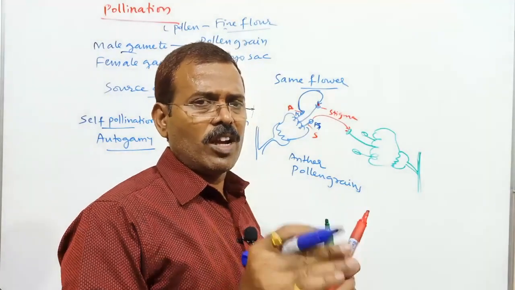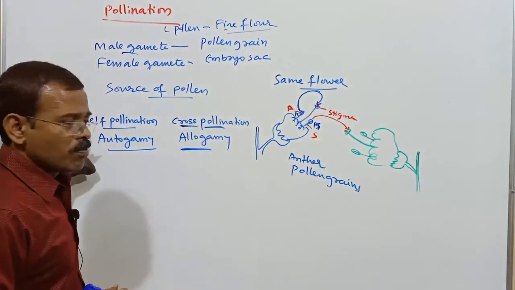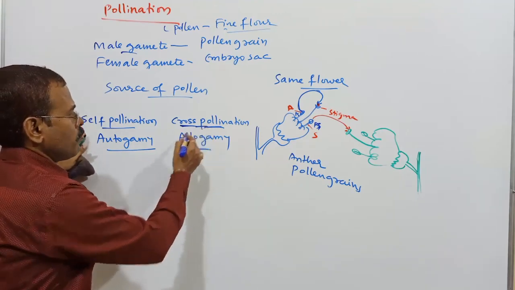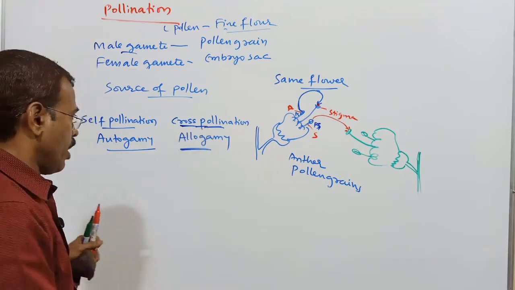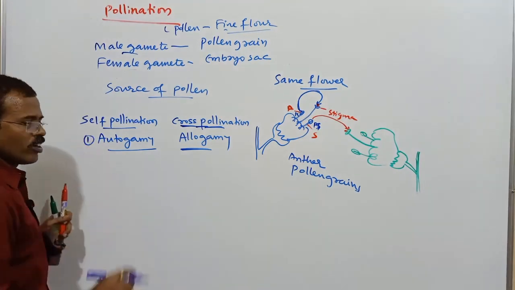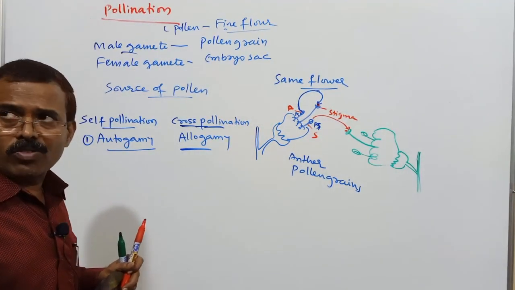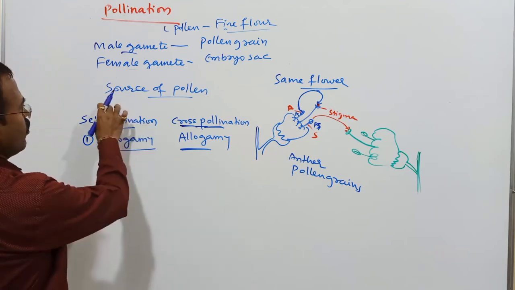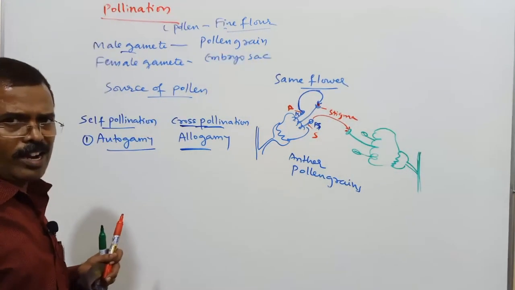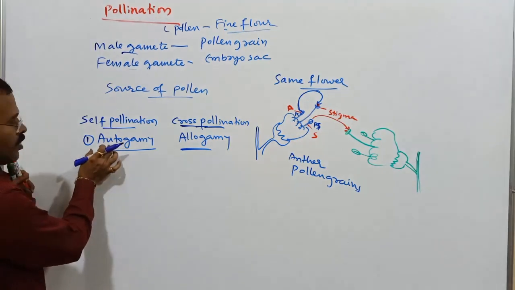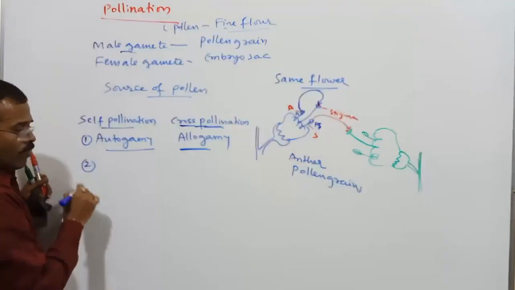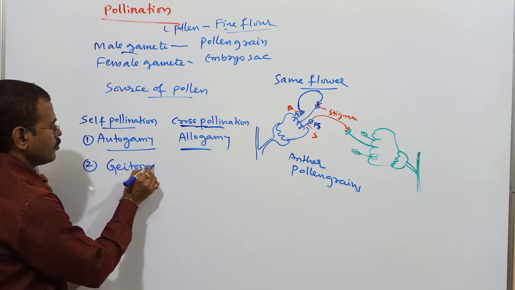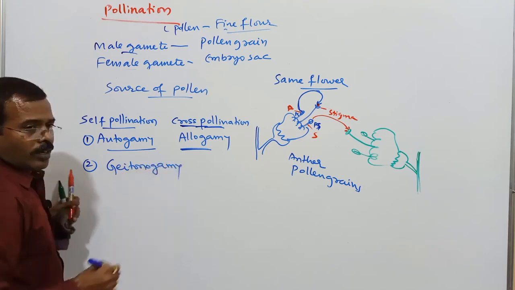So first we will complete self-pollination or autogamy, then we will move on to cross-pollination. As per NCERT, first they have given autogamy based on the source of the pollen. I told you pollination is mainly of two types, self-pollination and cross-pollination. In the NCERT book, first they have given autogamy, then the second one, geitonogamy.